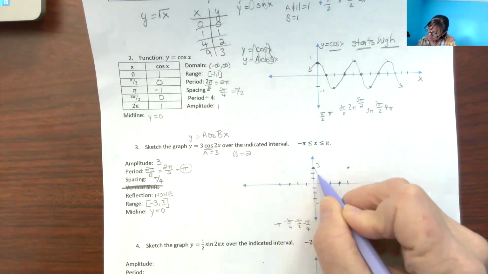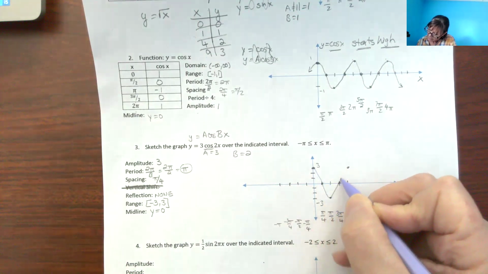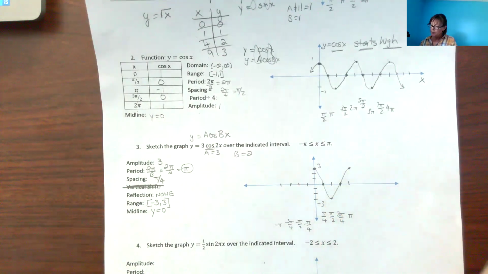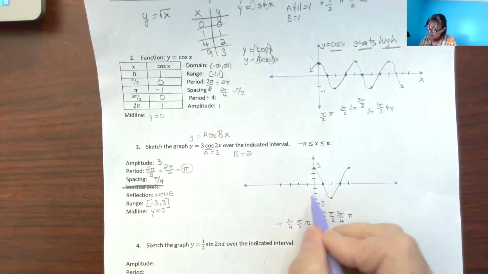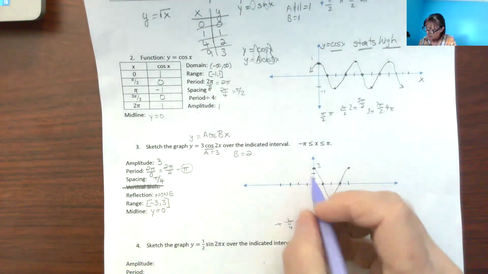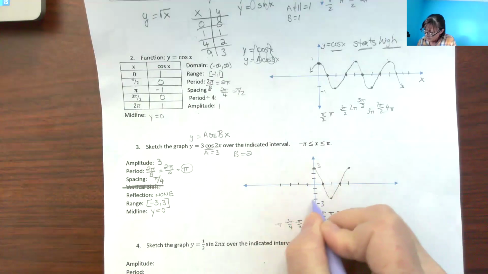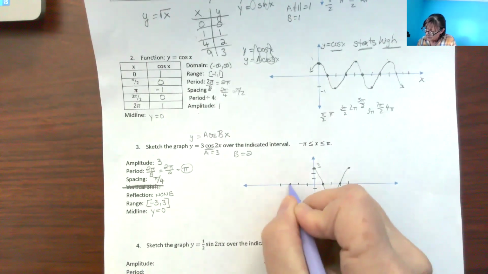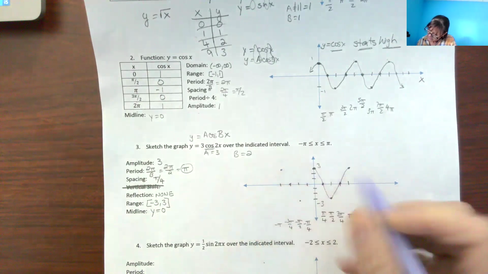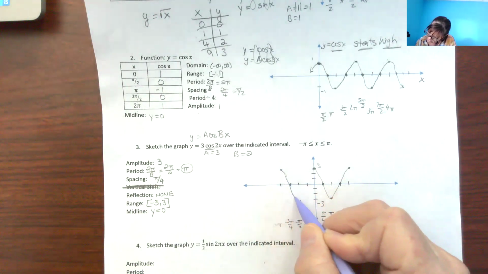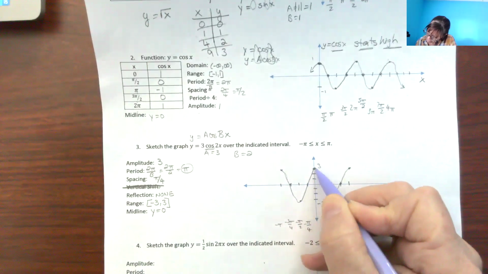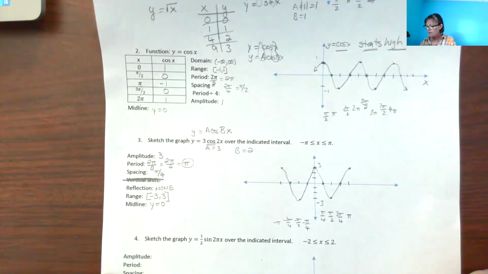This is one period of my cosine graph. If we want to go backwards, it continues backwards in reverse: middle, low, middle, high. And that is the graph of this.